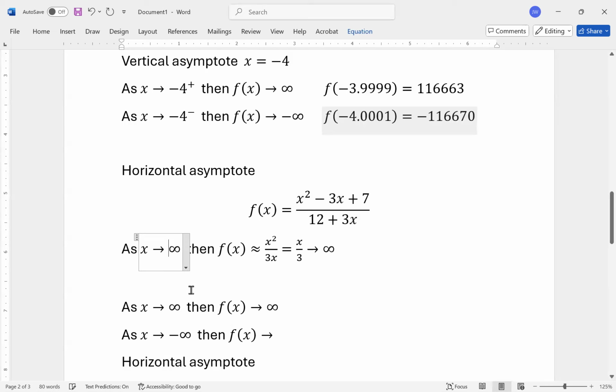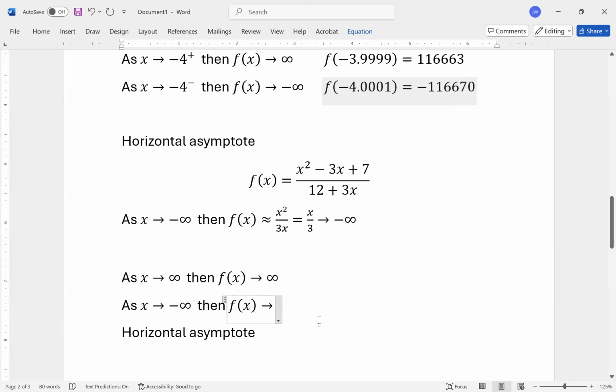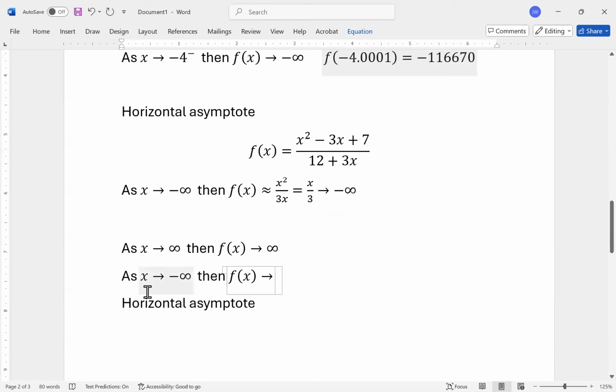What if I plugged in negative infinity? Well, then I get a really big negative number divided by 3, which is still a really big negative number. So as x goes towards negative infinity, my function value also goes towards negative infinity.